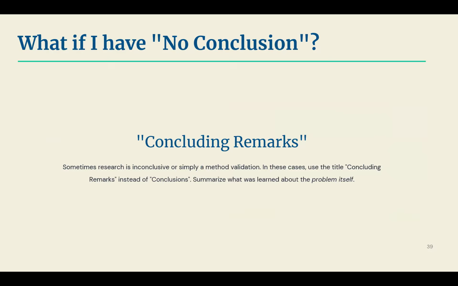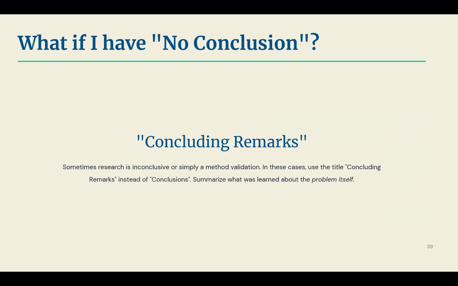Remember, if you do not have any solid conclusion, how can you mark it? Perhaps, for example, you simply have a questionnaire, a particular method validated. In that case, you cannot dare reach a conclusion, it's just a validation.